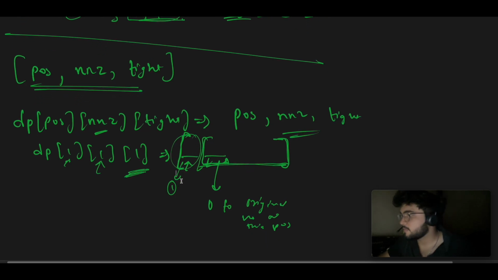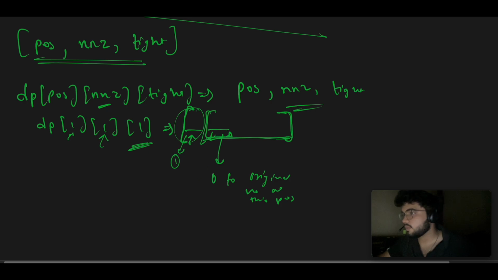So can you see the recursive pattern here? If somehow we are able to calculate this, then we'll be able to calculate this too, right? How? Let's say we have this, and now we are at the 0th position, right? And let's say we have tight, and let's say we have non-zero number as 1, so we have selected the non-zero number 1, and we have reached the tight situation.